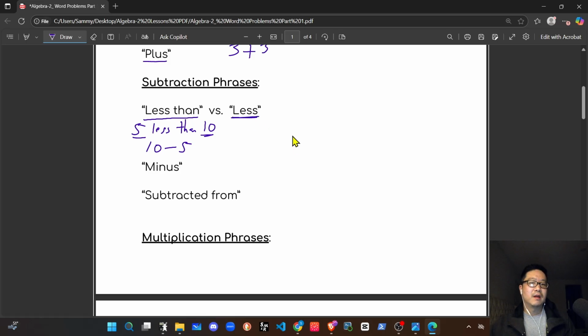So if I said 3 less 5, not less than, well, that would be the same thing as 3 minus 5, right? It's just a direct translation into subtraction. If I said something like x less 3, that would be x minus 3.